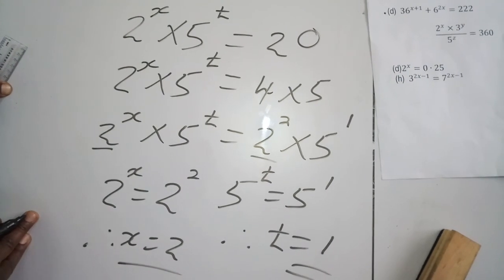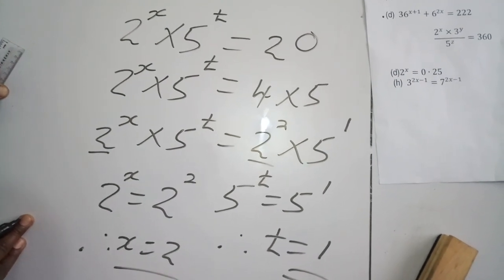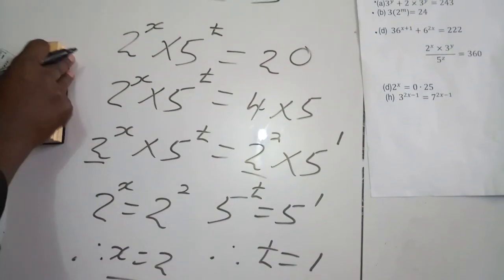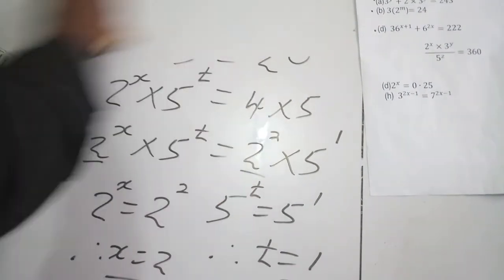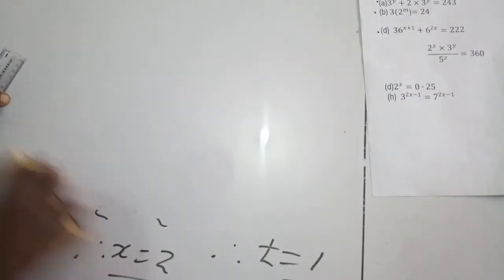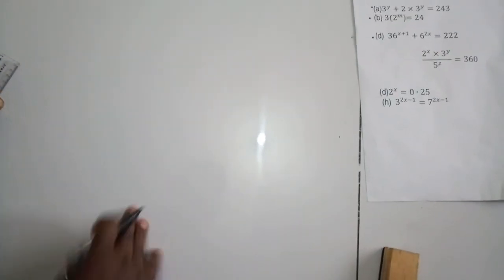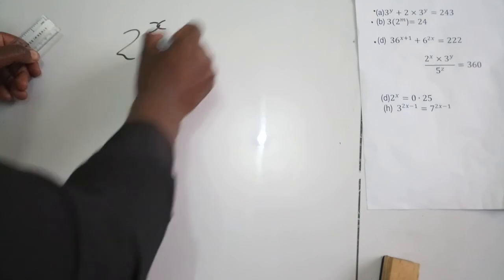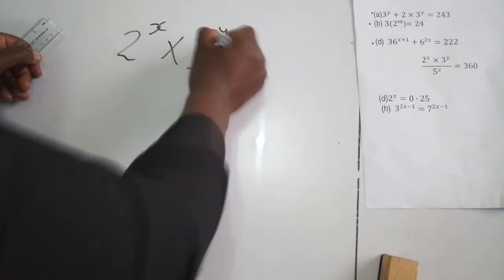So having done that, we have come to the conclusion. I can just leave you some questions to attempt on your own. Then maybe you can seek help from your teachers back at school or even your classmates. So these are the questions. For example, this question here, you are supposed to solve for x, y, and z.